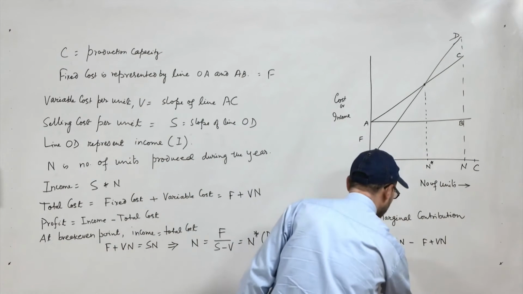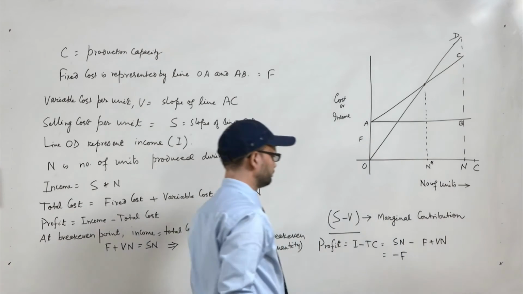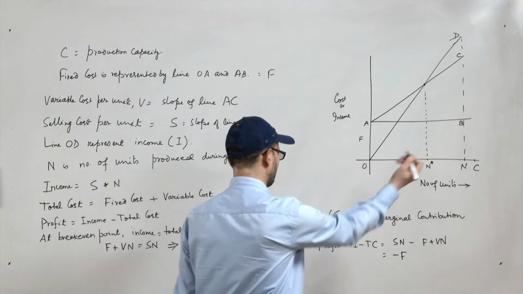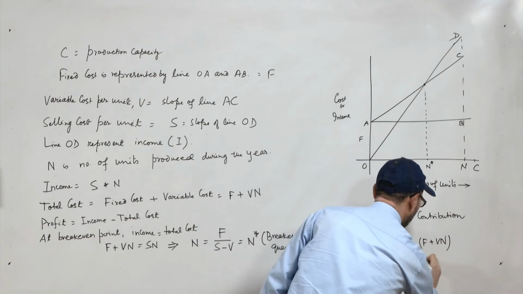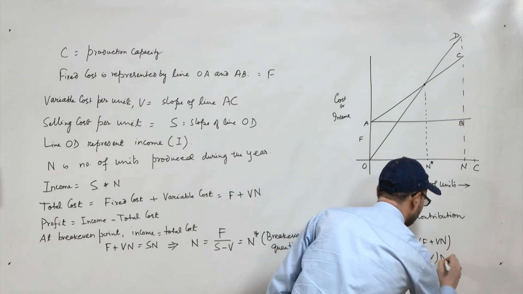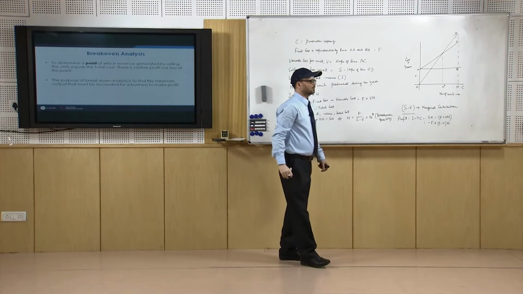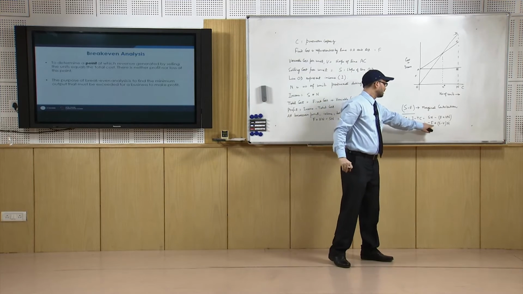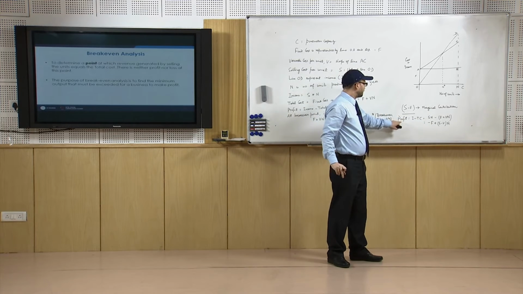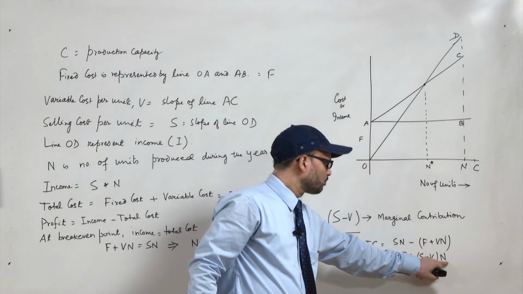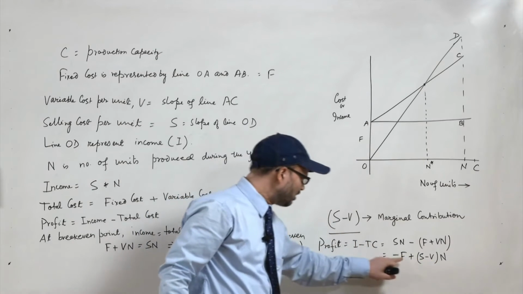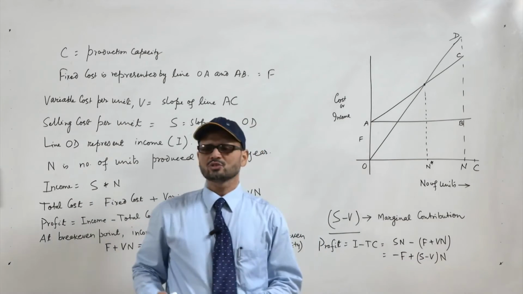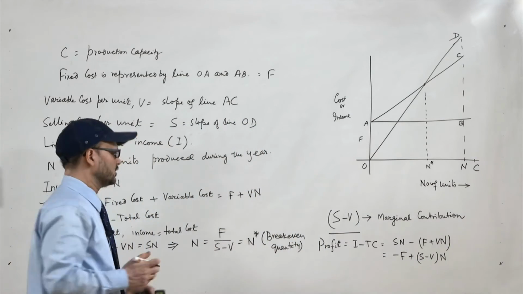So, it is nothing but minus F plus S minus V into N. Basically, this is a function which represents the value of profit in terms of the number of units produced, and this is the equation of a straight line. So, let us see how the profit changes.